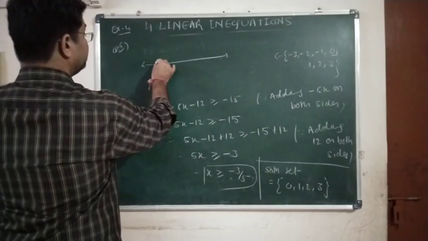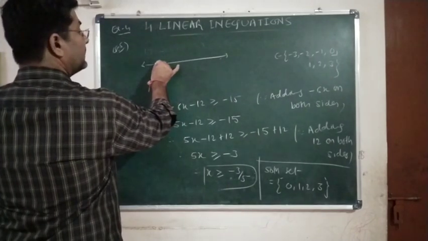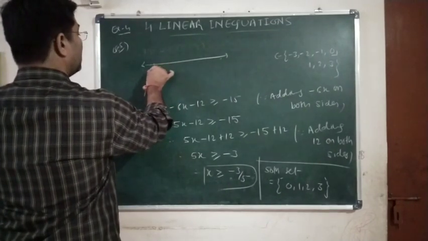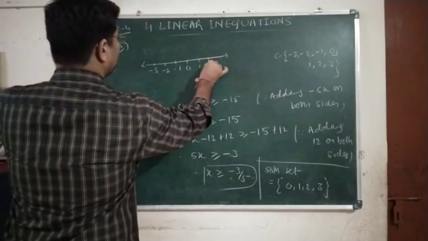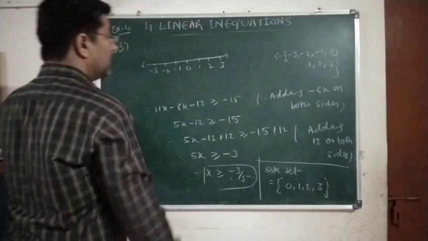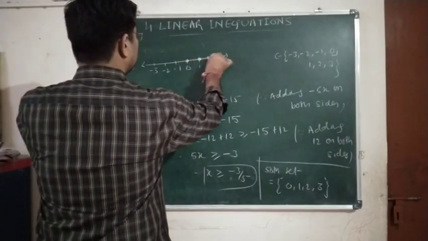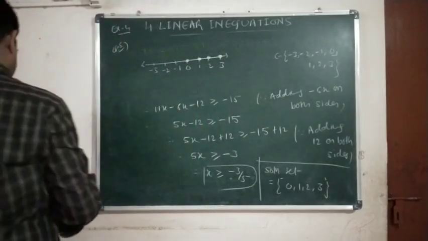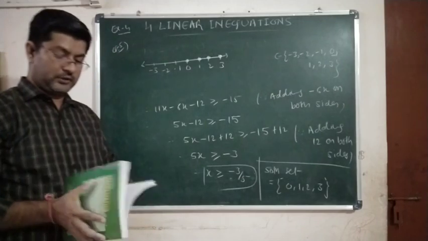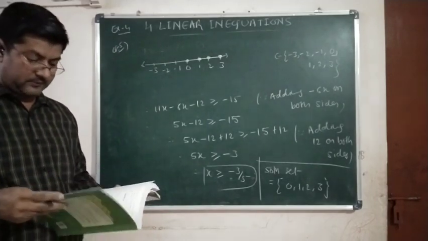We have -3, -2, -1, 0, 1, 2, 3, and the answer is 0, 1, 2 and 3. Clear? So the representation is over. Question number 5 of exercise 4 we have completed.